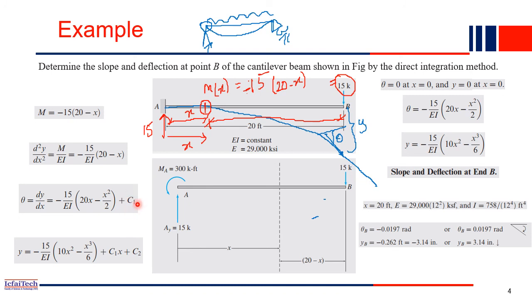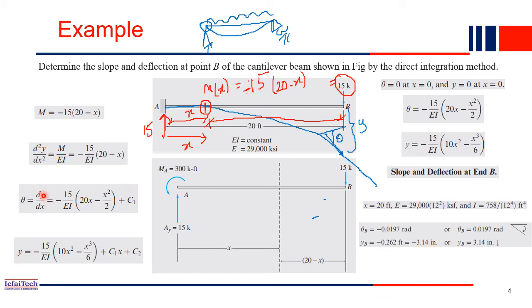So what is C1? C1, as I mentioned, is an integration constant. So once you integrate an equation, you will get a constant, right? There is an integration constant C1. So after you do the first integration, you get dy by dx, which is nothing but theta, meaning slope. So this is the slope, we got it.